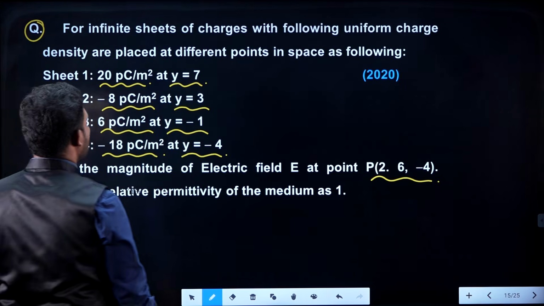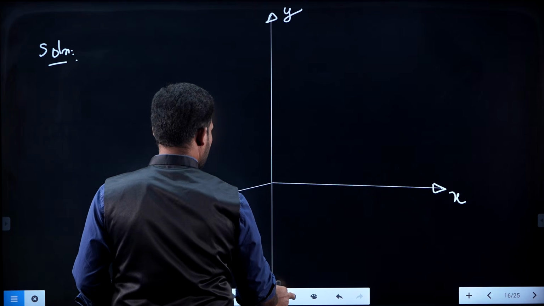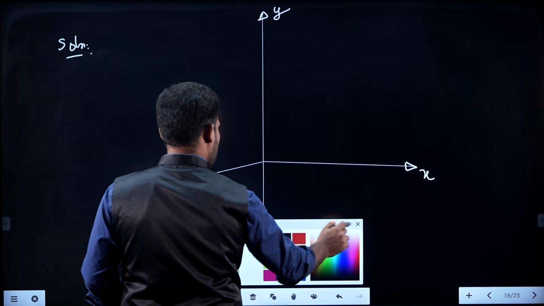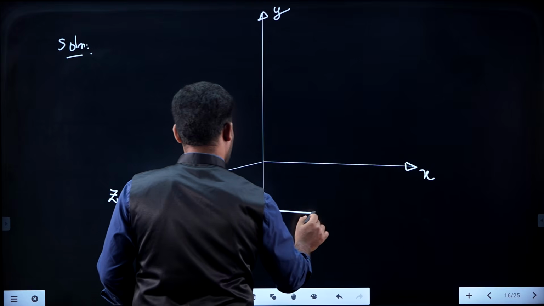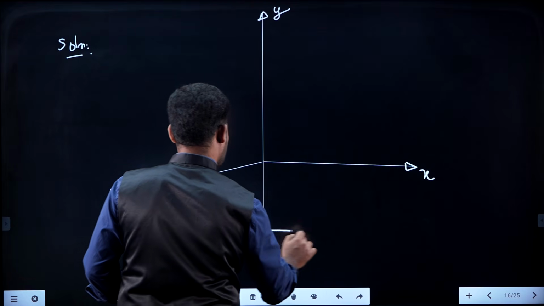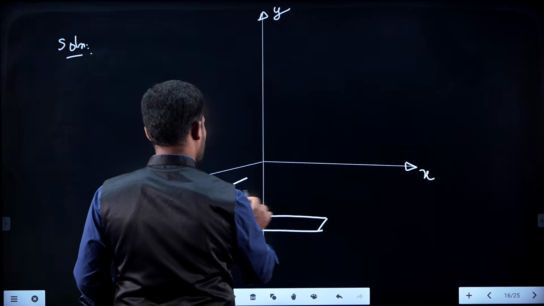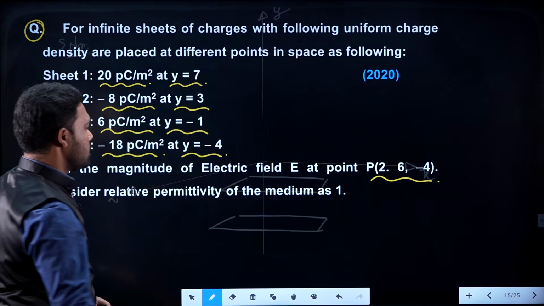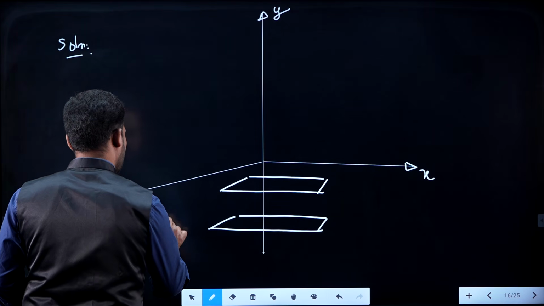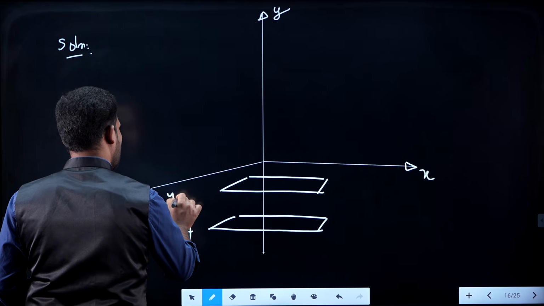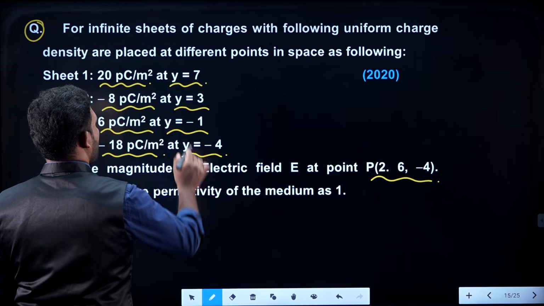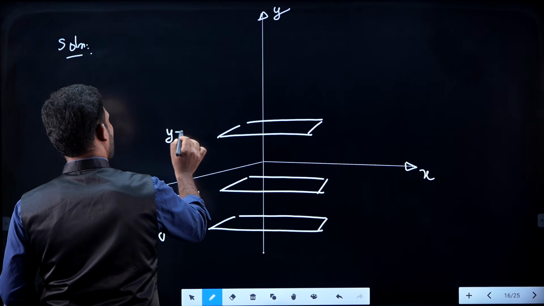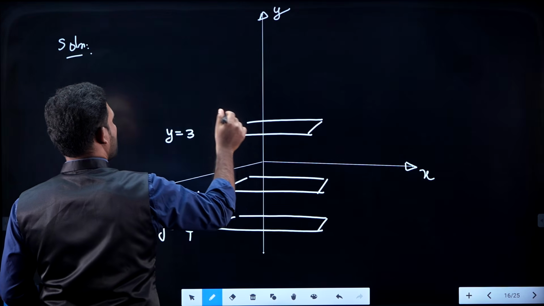Where are these sheets located? y equals minus 4, y equals minus 1, y equals 3, y equals 7.